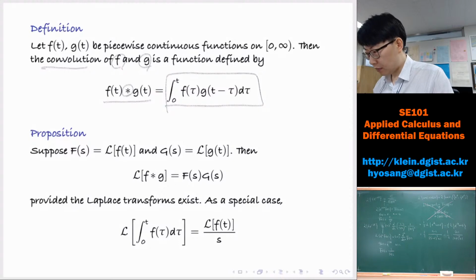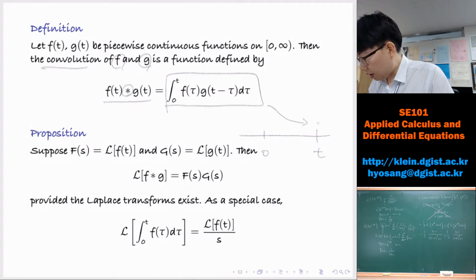Okay. So the reason why it's called convolution is that you take 0 to t and integrate, and multiply your function g from this direction. Okay, so suppose that your function f is given as these functions, and your g of t is given by this function.